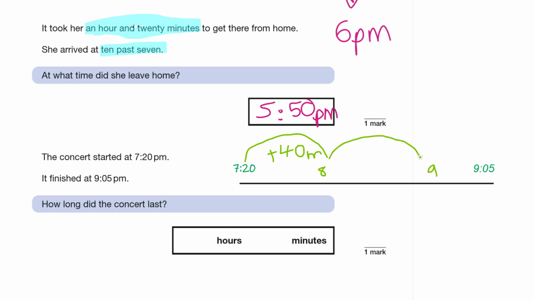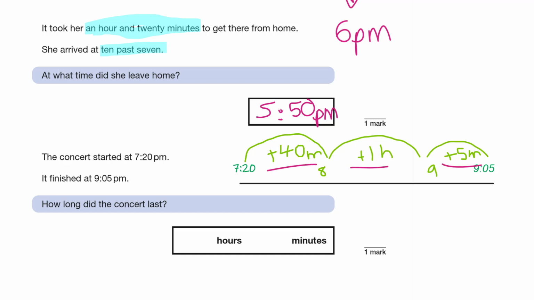And that is 1 hour. And then from 9 o'clock to 9:05 is 5 minutes. So we're just doing chunks in the middle, okay, just to make it easier. So I've got 7:20, 40 minutes to get to 8 p.m., an hour to get to 9 p.m., and then 5 minutes to get to 9:05. And now all I need to do is to add up all these times together.